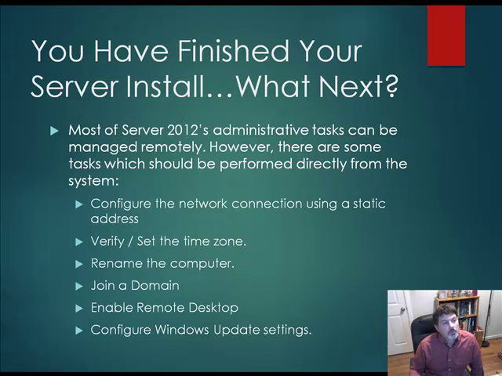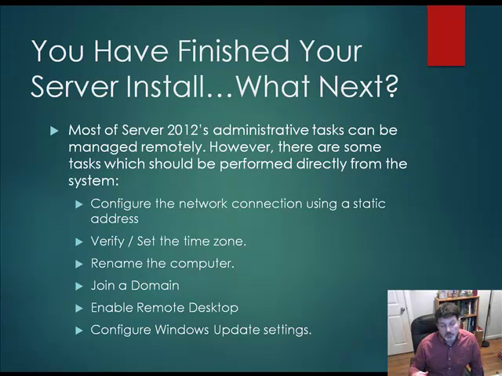Well, we're going to want to, for one thing, configure our network settings. We're going to be thinking about setting up a static IP address for the box, whether or not we're going to be using NIC Teaming for the box. We're going to want to set the time zones for the box. We're going to want to go ahead and adjust the computer name and decide if we're going to put the computer on the domain.